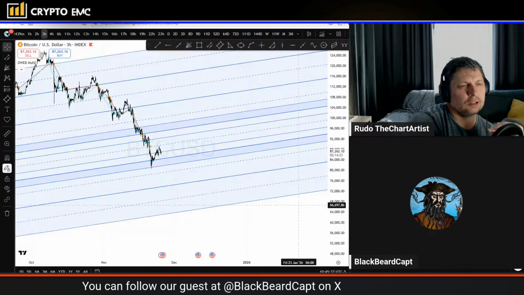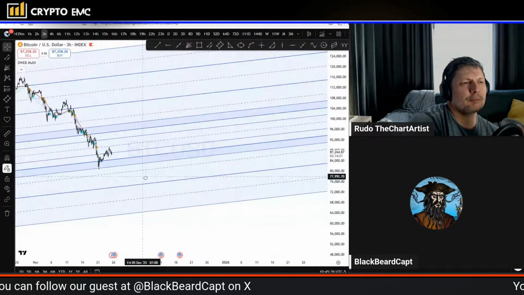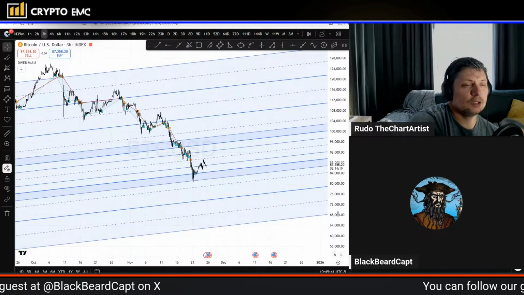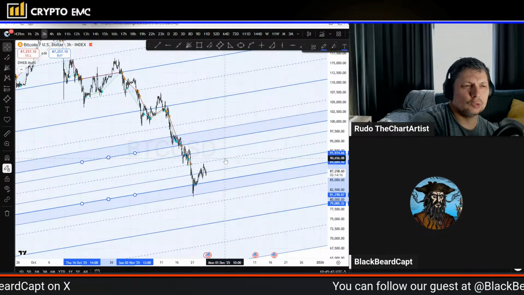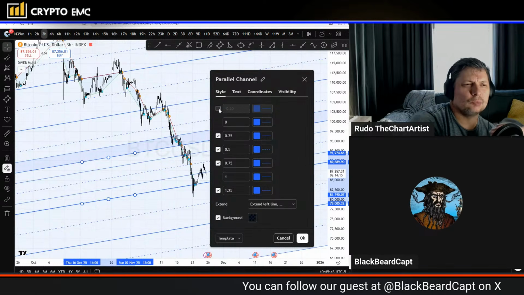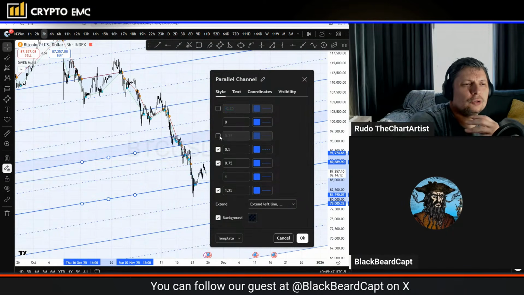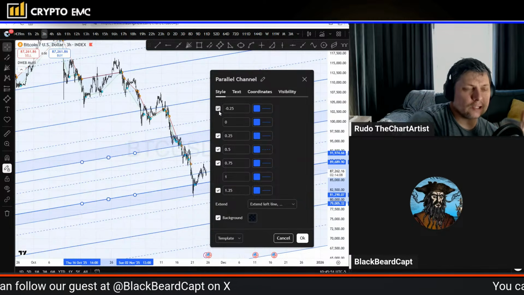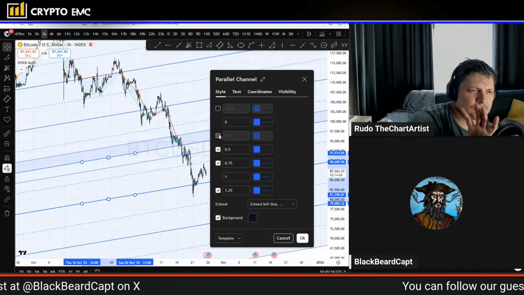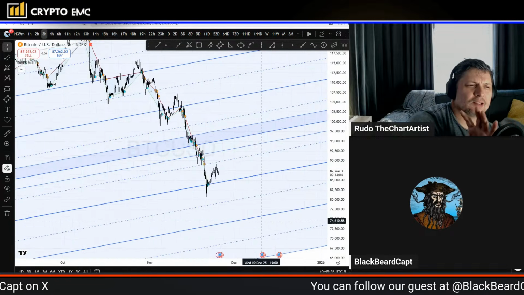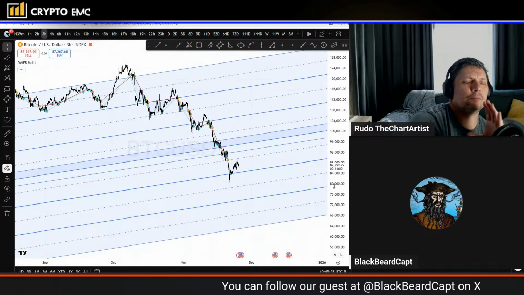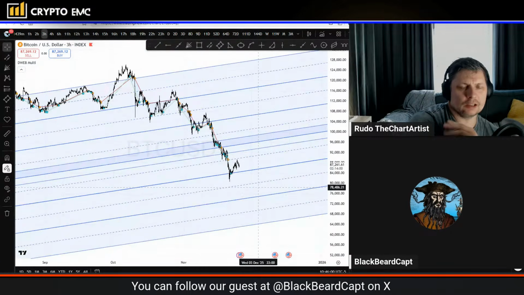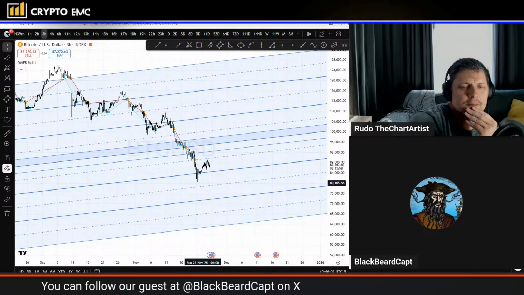What would be your next step? Do you just buy when it's in the blue zone and sell when it's on the next blue line? How do you turn this into a trade strategy? We've done the analysis and we kind of know where the significant levels are, but now we need to physically go and buy on the exchange. How do we use this?